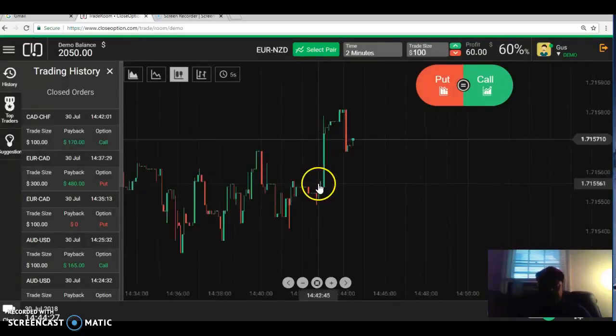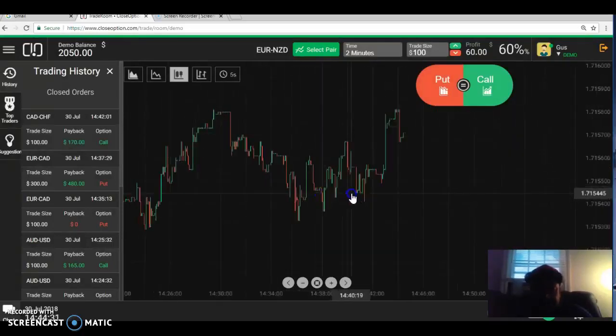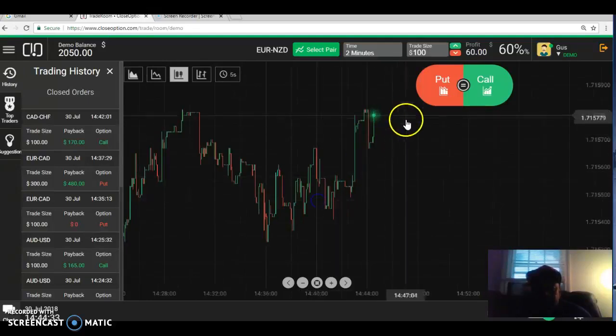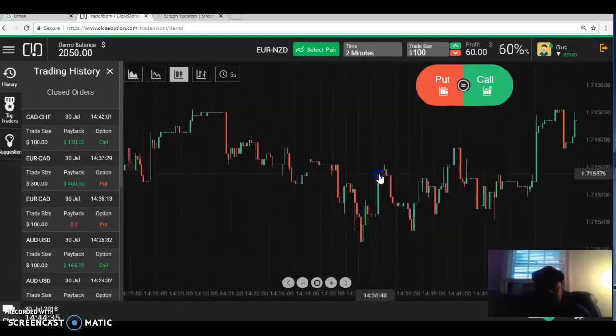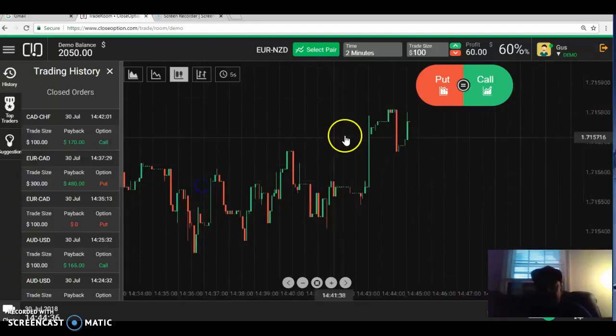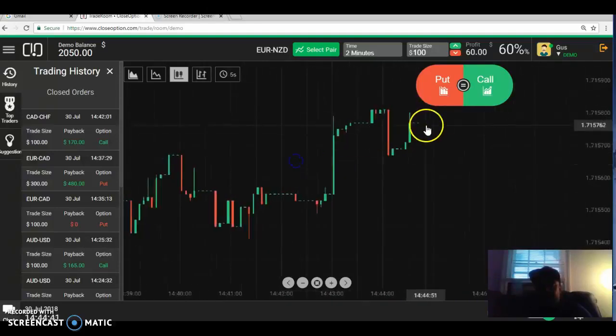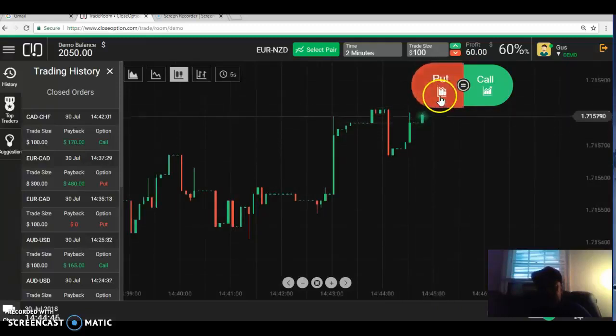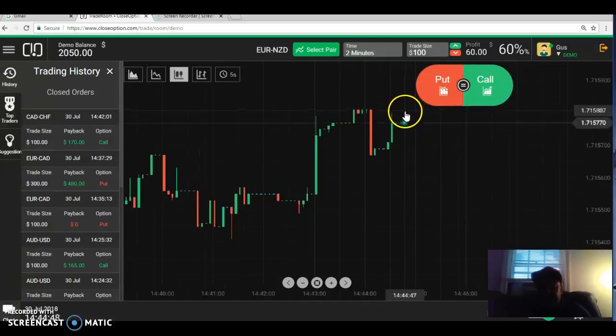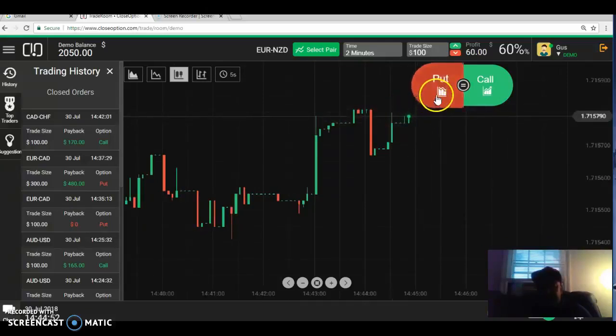So that's what I'm doing. I take my time. I don't rush trades. I don't push the envelope. All right, we got another setup, it might be happening here. Let's see here, the Euro New Zealand dollar. If I can get it to pop up to this level here, I'll execute a put trade. It's sort of trying to right now.